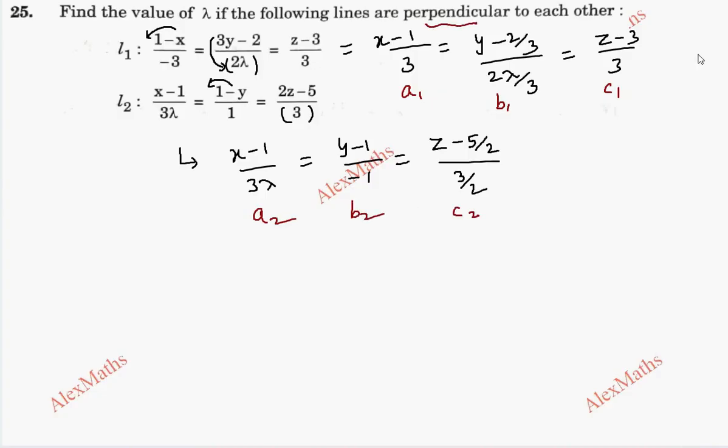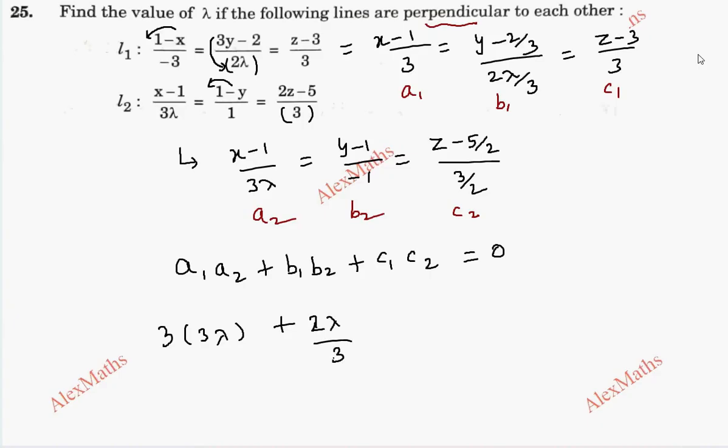Since the lines are perpendicular, we use the perpendicular condition, a1 a2 plus b1 b2 plus c1 c2 equal to 0. So 3 into 3 lambda plus 2 lambda by 3 into minus 1 plus 3 into 3 by 2 equal to 0.